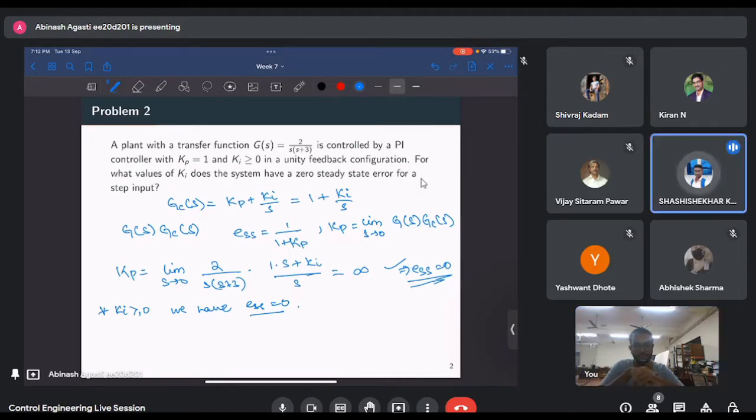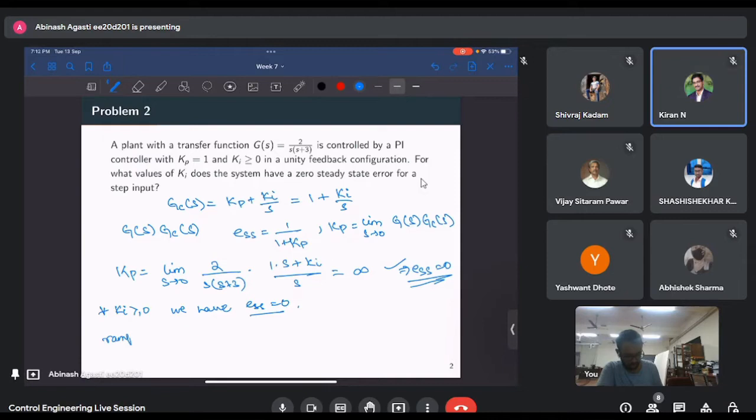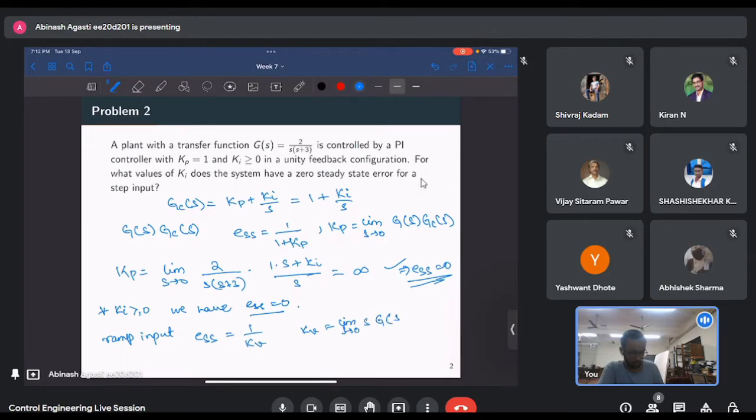So type 1 and type 0 system, sir. No, like I have a ramp input. Type 2, sir. Yes, correct. So since I have a ramp input, my steady state error is given by 1 by kV, and kV is limit s goes to 0, s into the open loop transfer function.